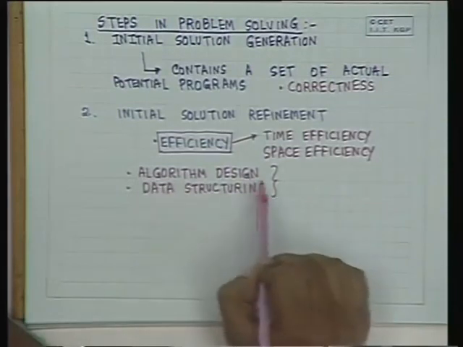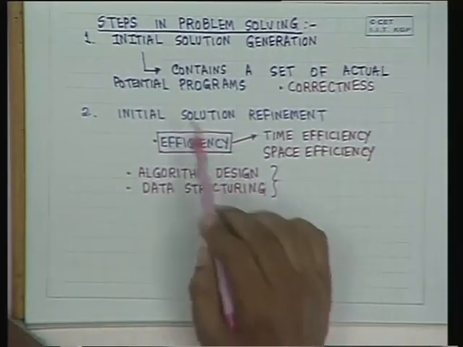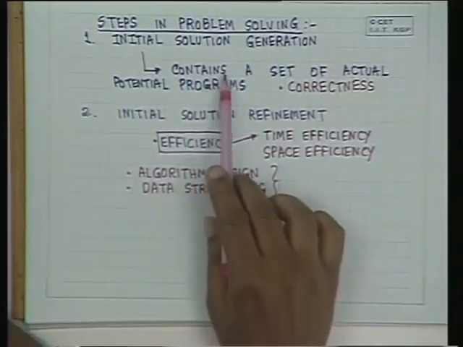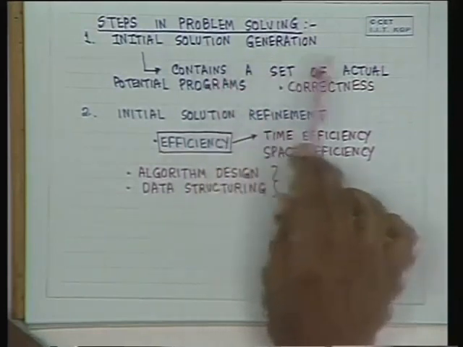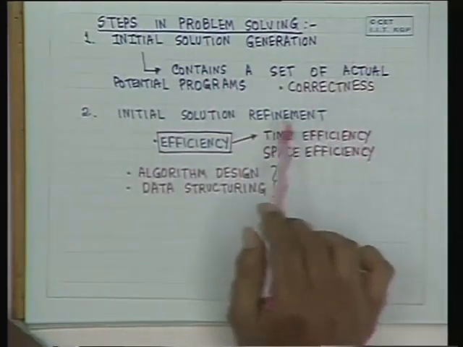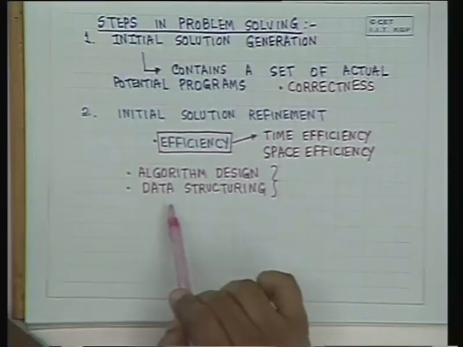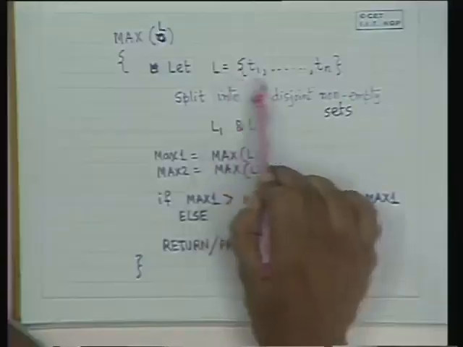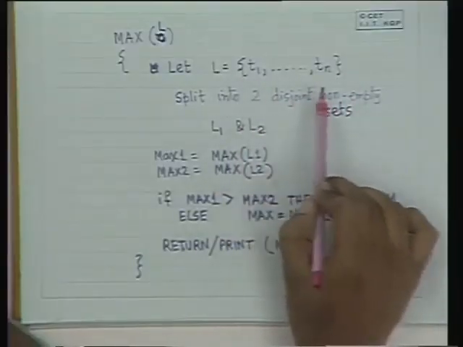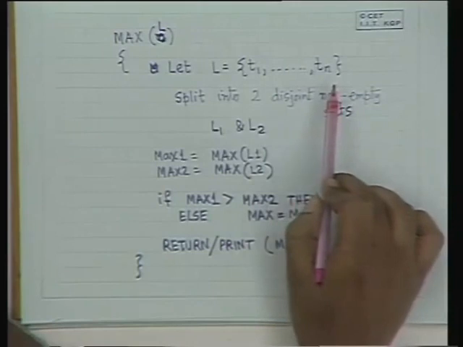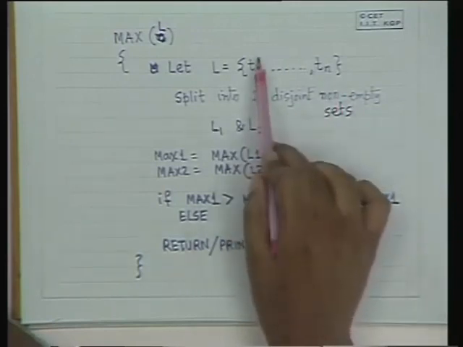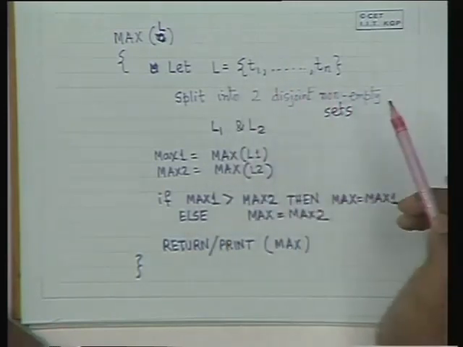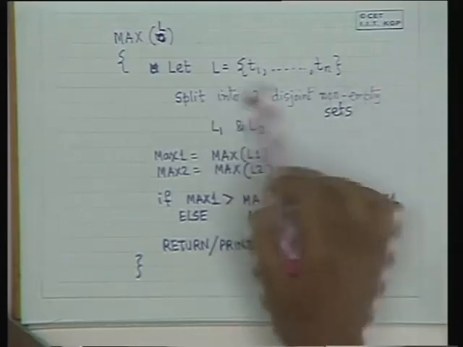the design of the algorithm, that is the selection of the exact sequence of steps from the set of potential programs or solutions, and the organization of your data. Whether, for example, here we looked at it as a set, how will this set be stored? How will this set be organized? Once you have decided to split it into equal halves, say, then how will this set be organized?